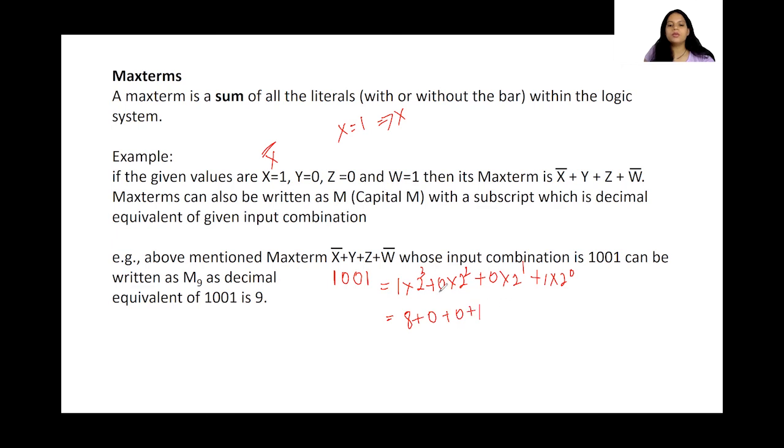I hope you know that anything multiplied with 0 is 0. Here 2 to the power 0 is nothing but 1, into 1 which is 1. So the value is 9. The decimal equivalent of this is 9, which can also be written as capital M with the subscript 9. Now this is the max term notation of the given expression.